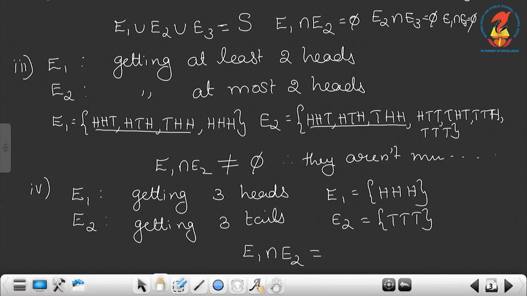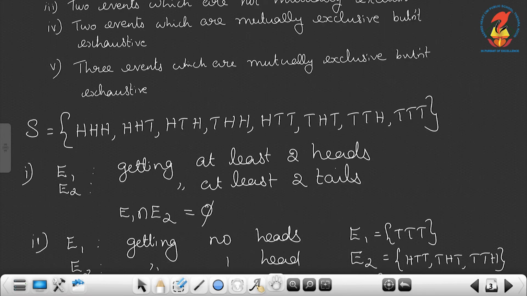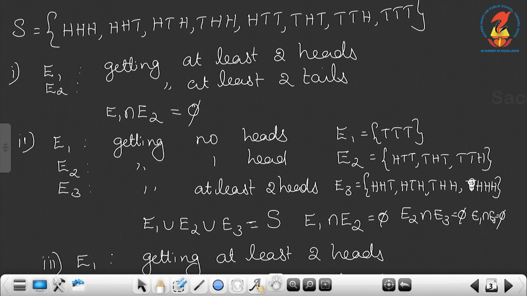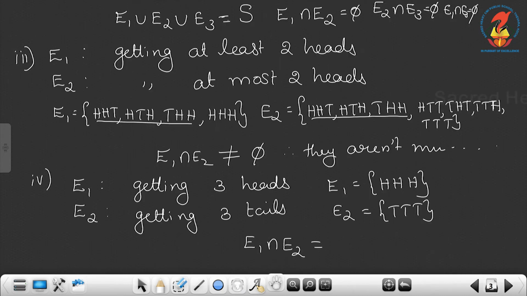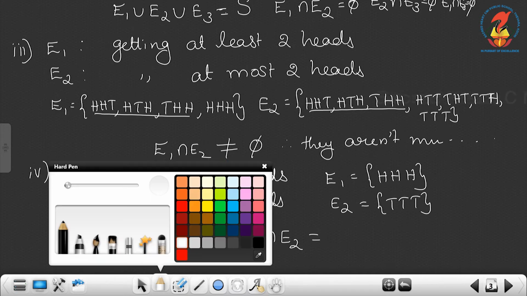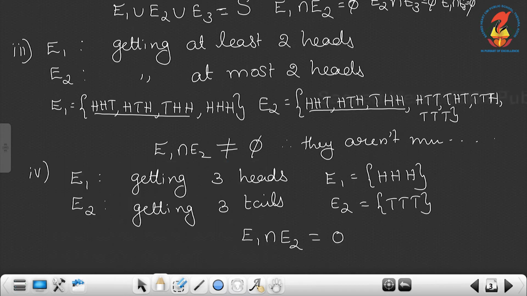And over here what do we need? 2 events which are mutually exclusive. So intersection is equal to null set. Here, in the earlier example, the intersection is not null set. Here the intersection is null set. And what is their union? E1 union E2, is it the same as the sample space?